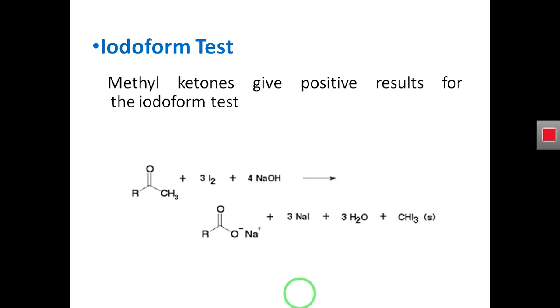It will be pale yellow in color, and we identify the presence of the methyl ketone by this iodoform test. For the iodoform test, we particularly use methyl ketone and iodine, because only methyl ketone will react with iodine and give us the positive result for this test.